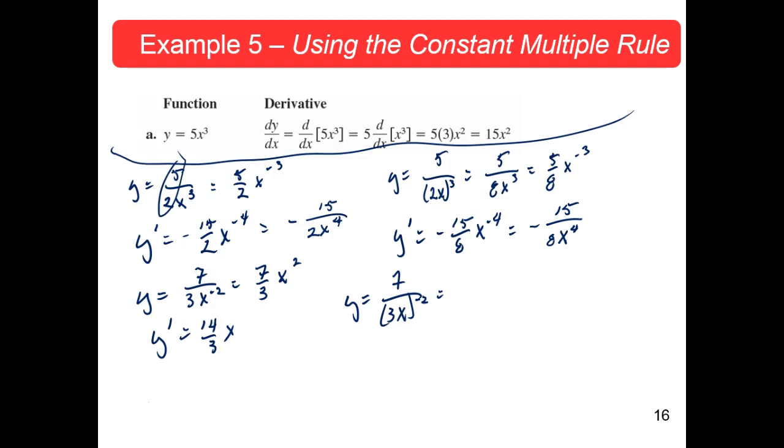I think you're going in a good direction. 7 times what? 3x in parentheses squared. Yes, let's take that whole thing to the -2, move it upstairs and make it a positive 2. Now move from there. What does that give you? 7 times what? 9x squared. So what does that give you? 63x squared. Now we've got it in a form I like to see, so let's do our y prime. What would that be?